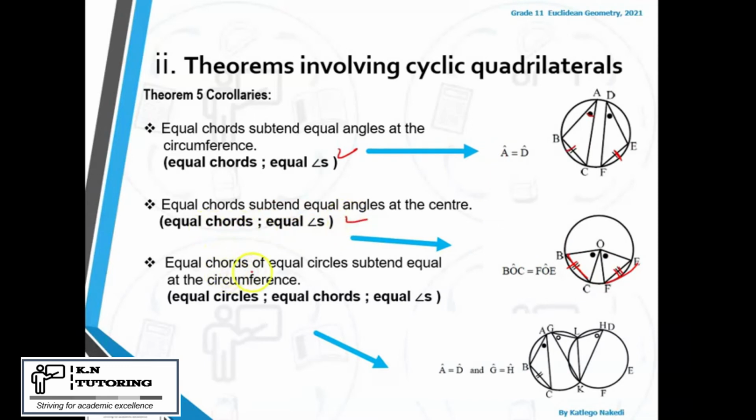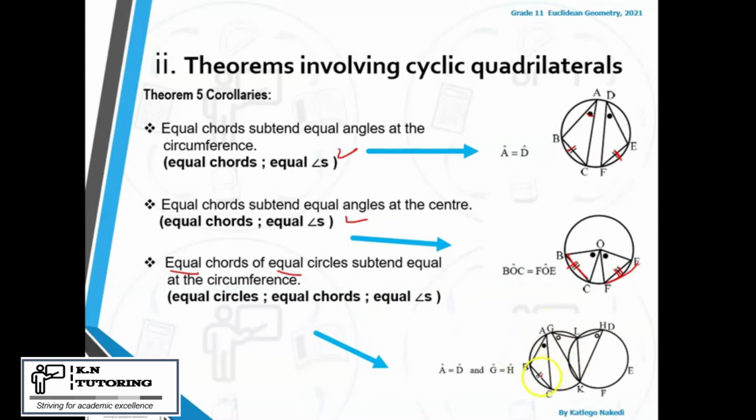Number 3, equal chords of equal circles subtend equal angles at the circumference. Very important. Let's read that slowly. Equal chords of equal circles subtend equal angles at the circumference. So here we've got two circles, okay?